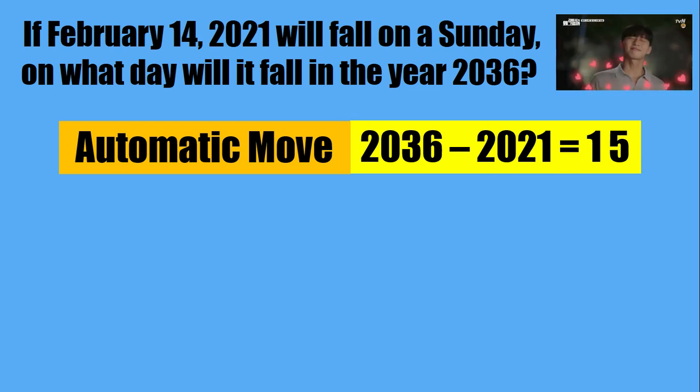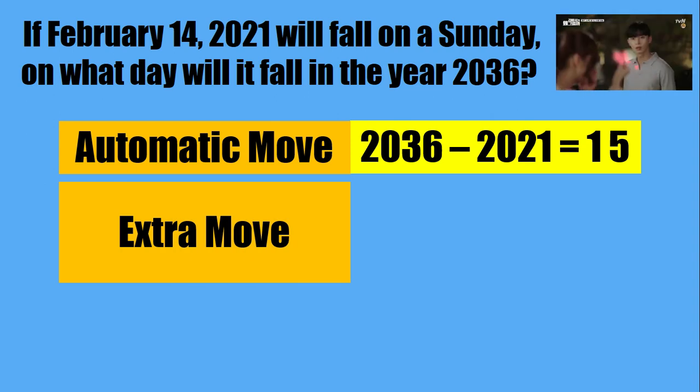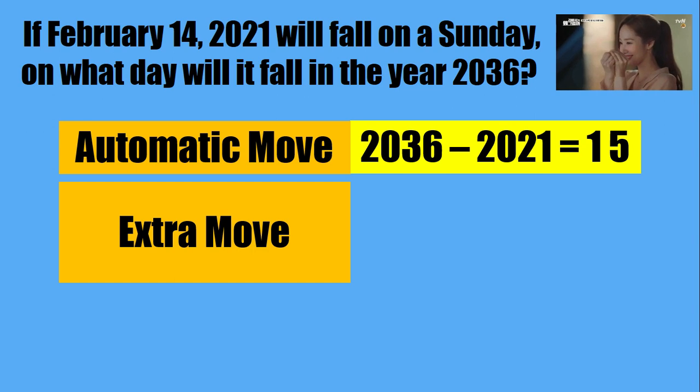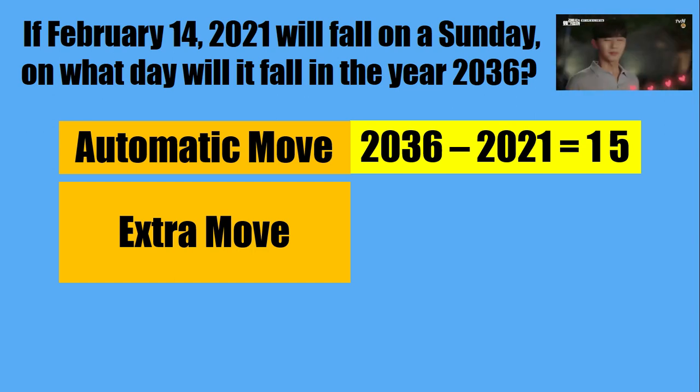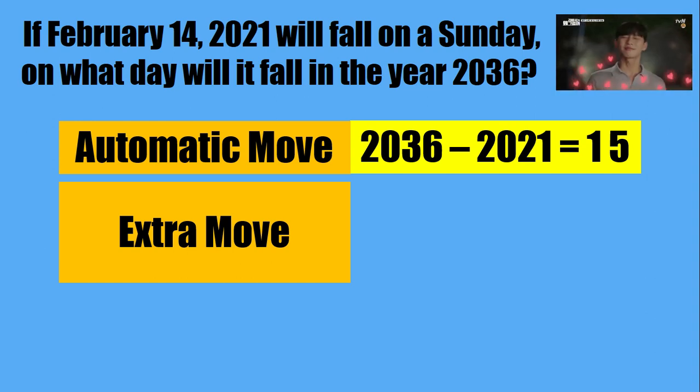And then for the extra move, since February 14 will have its move during the year after the leap year, it is clear that for this example, we need to count those years after the leap year, not the leap year itself. So let's identify from 2021 to 2036.